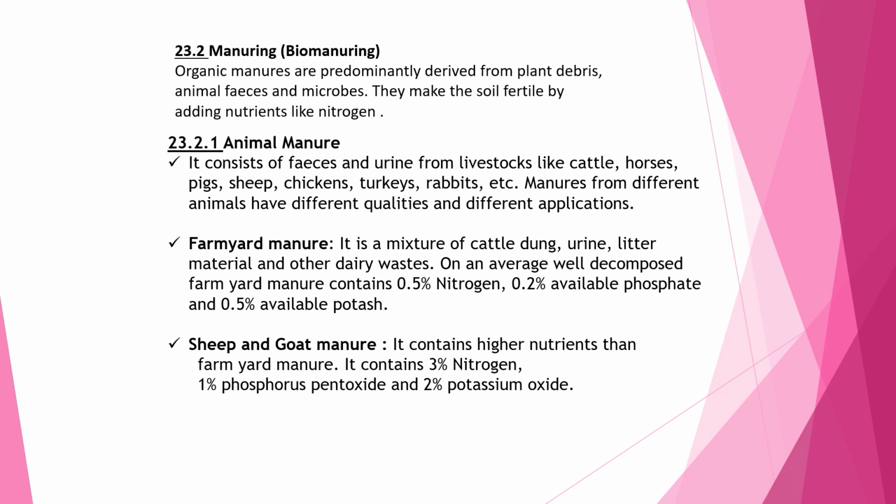Right? Then sheep and goat manure. Sheep and goat manure contains higher nutrients than the farmyard manure. What is it? It contains 3% nitrogen, 1% phosphorus pentoxide and 2% potassium oxide.